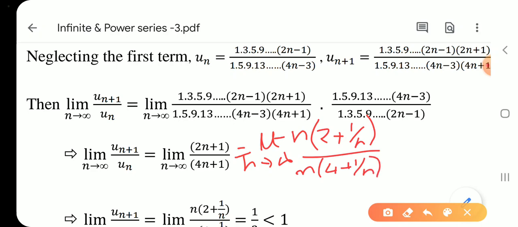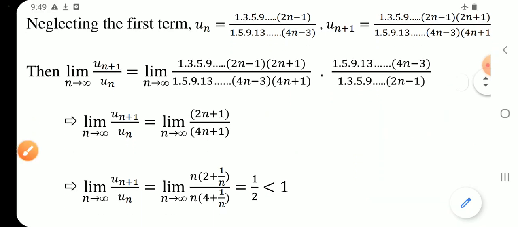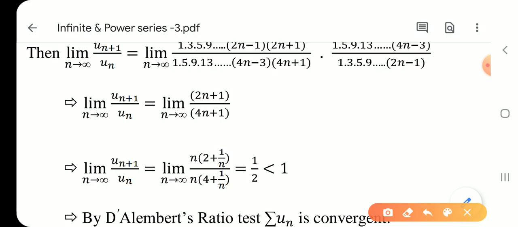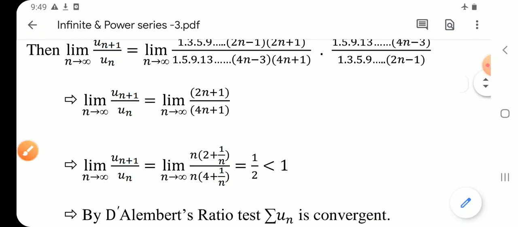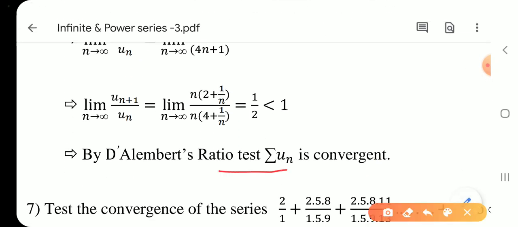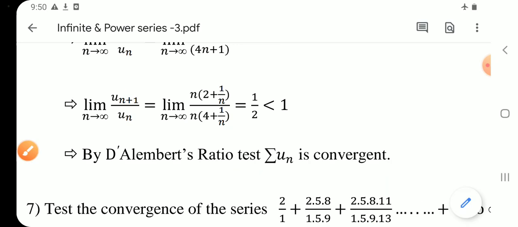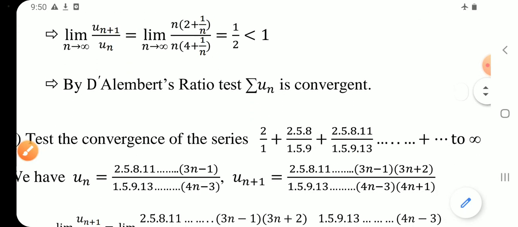Now when I apply the limit, 1 by infinity is 0, 1 by infinity is 0. We are left with 2 by 4, which is nothing but half. So half is naturally less than 1. Hence, by D'Alembert's ratio test, the series is convergent.